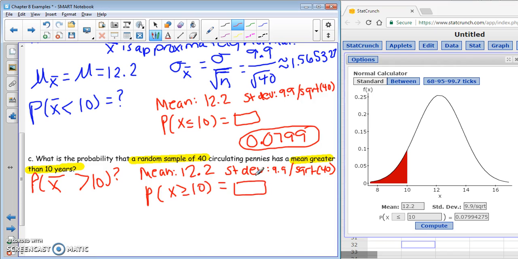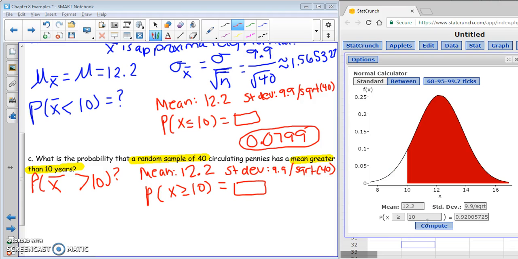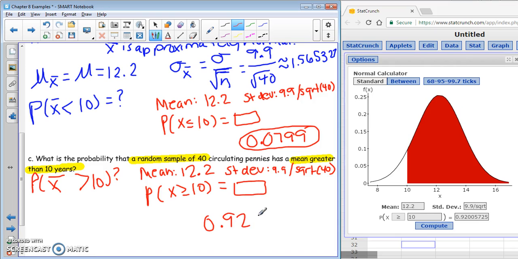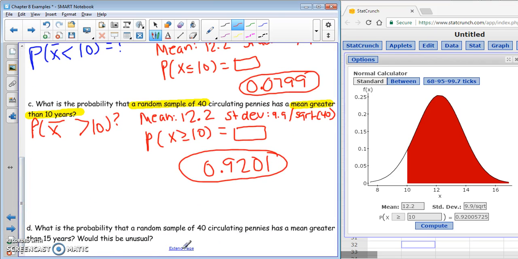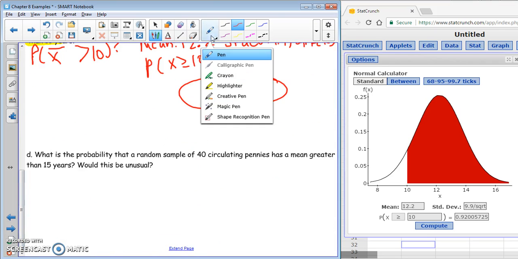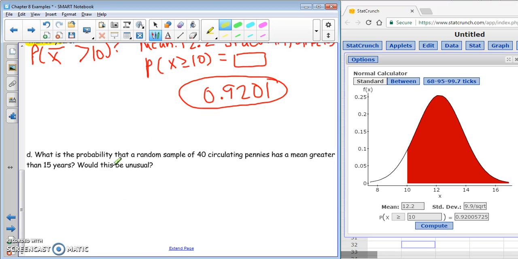That's what we're going to type into StatCrunch here. I just need to change one symbol. So this is 0.9201, our answer here.